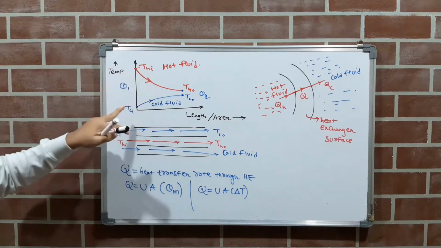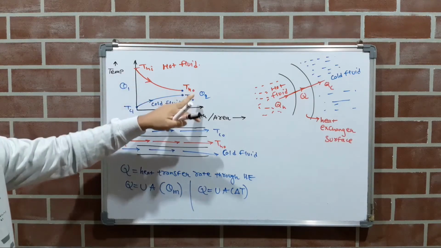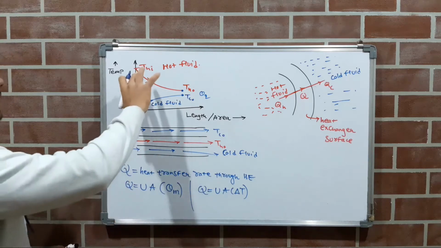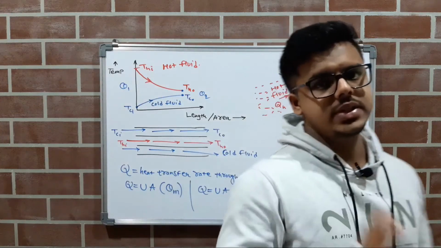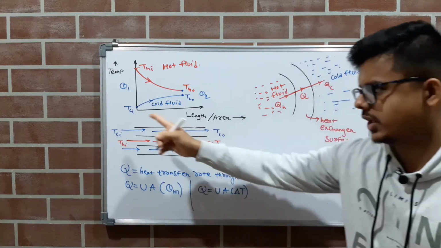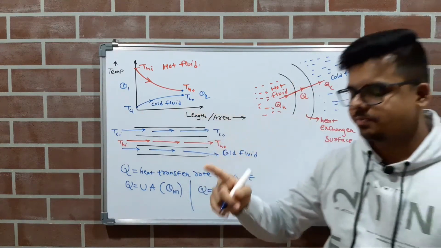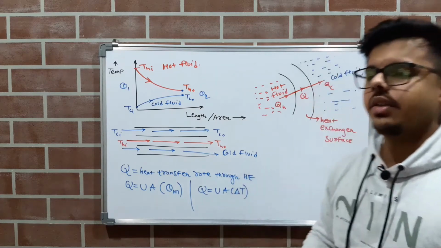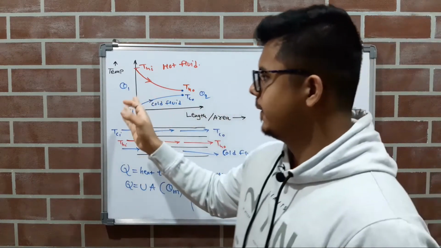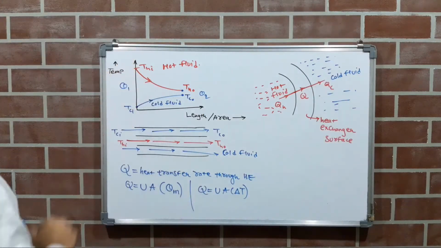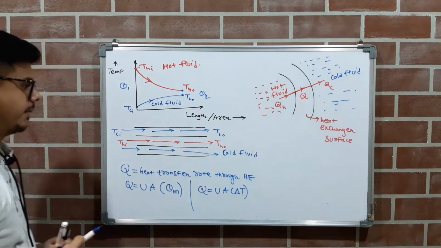Theta 1 is THI minus TCI, and theta 2 is THO minus TCO. That means at the inlet and the outlet we have two different temperature differences, so our temperature difference is not constant along the length. Whenever we analyze the heat exchanger, we analyze it along the length or the area, right? So you can see our temperature difference is not constant.